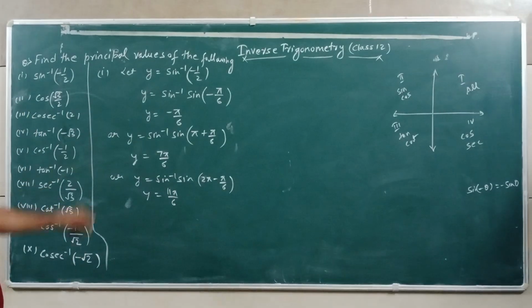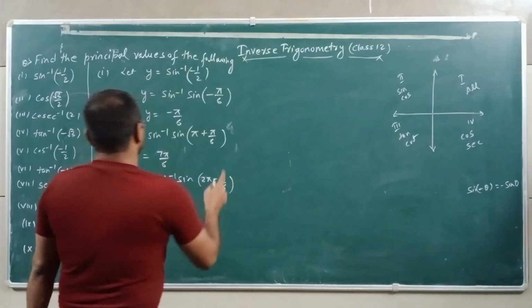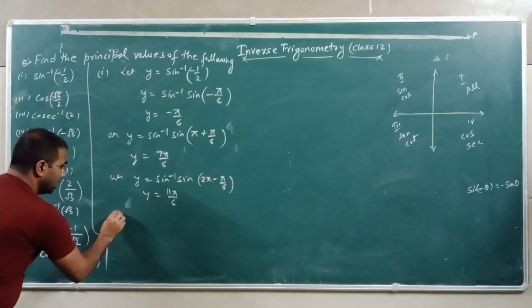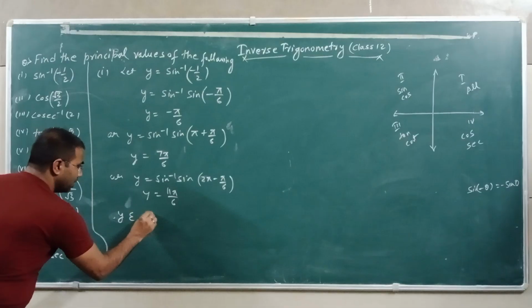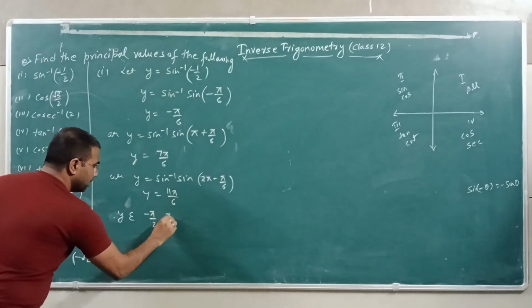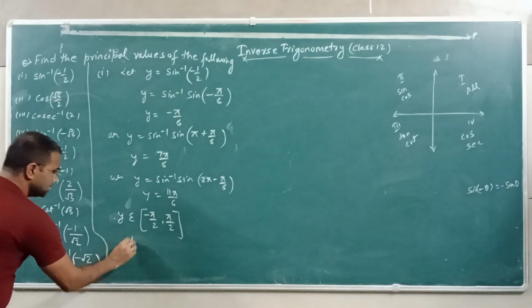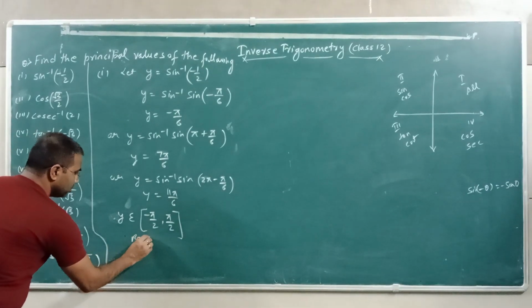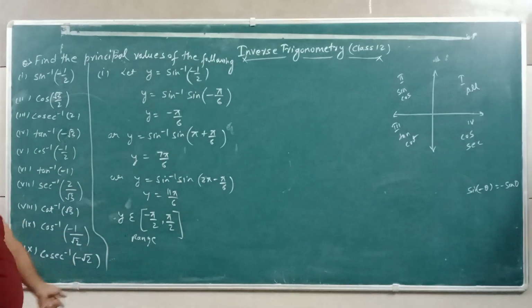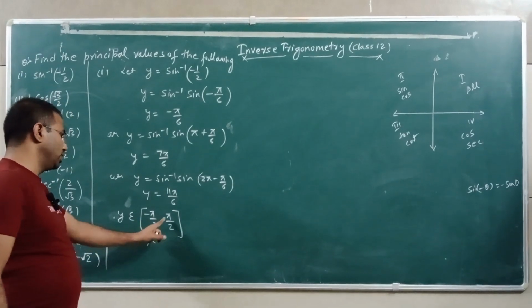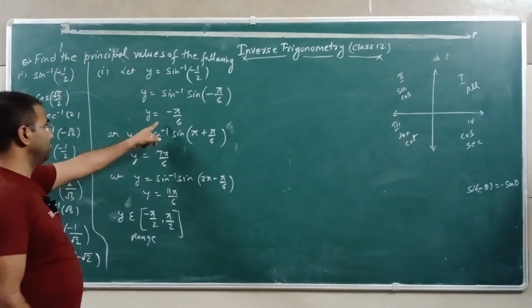But see here, for the sine value, y belongs only to the range minus pi upon 2 to pi upon 2. This is the range of y, minus pi upon 2 to pi upon 2. So between minus pi upon 2 and pi upon 2, what value will come?